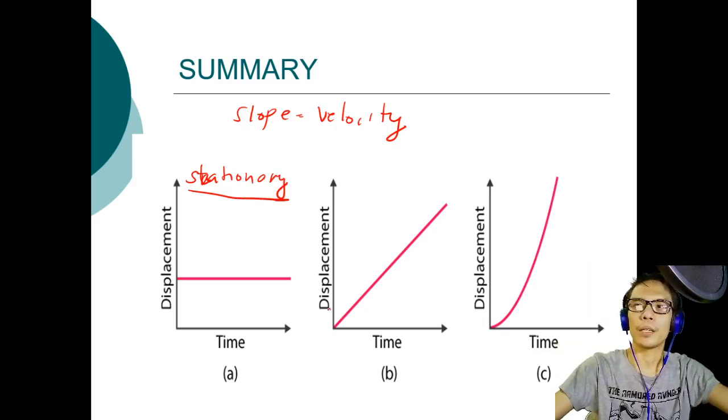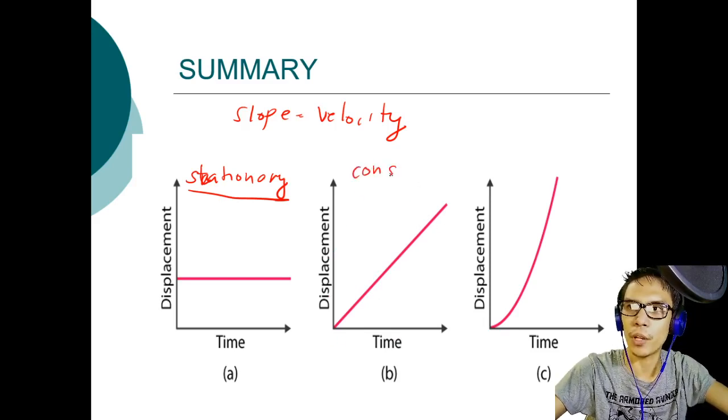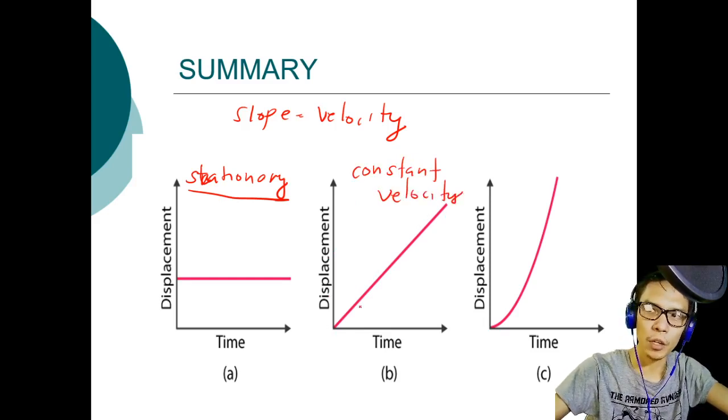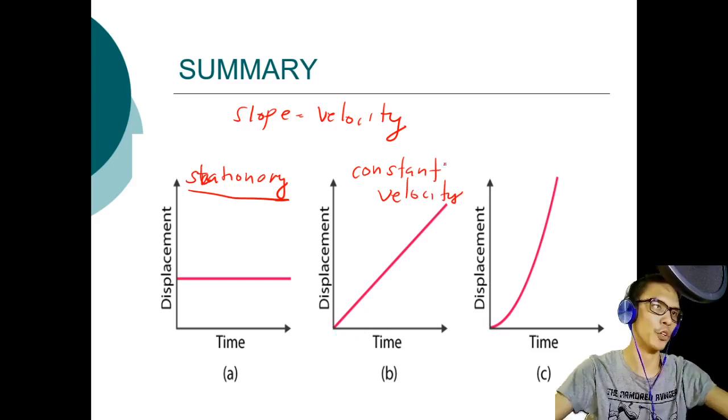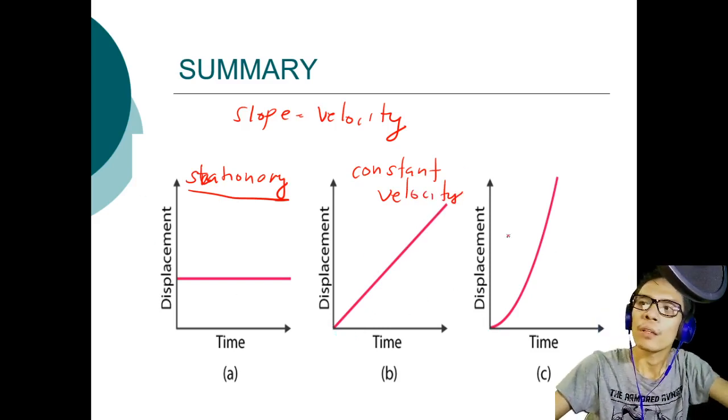How about this one? If the displacement versus time graph looks like this, then this is a constant velocity, meaning it has one set of speed all throughout different time periods. Next one.